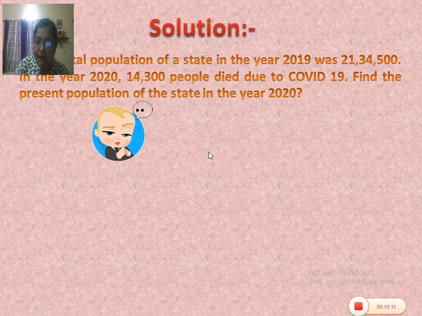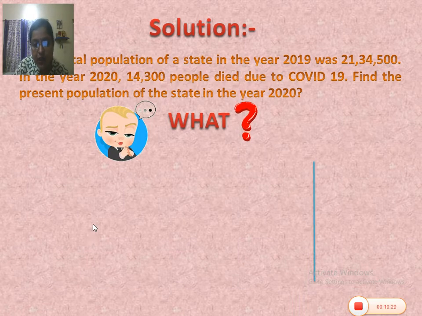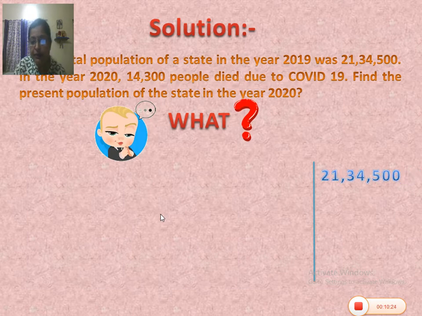So again we have to start thinking how to start the work, and we have to keep in mind the question what. Again we'll draw the working column and we'll copy the greatest number there, which is 21,34,500, and we'll ask ourselves the question, what is this number showing us?